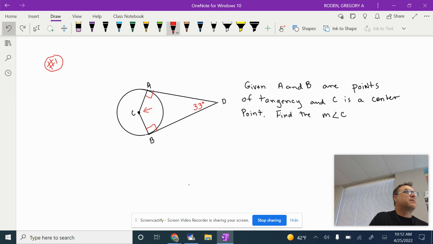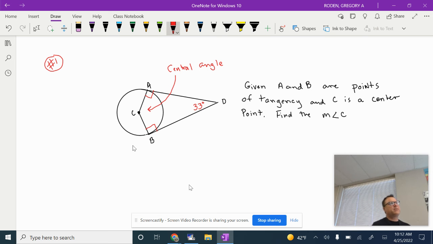So this is the central angle. We probably want to put that into our notes also, because it sounds like we're trying to figure out what the central angle is, right? You guys see that? Okay.